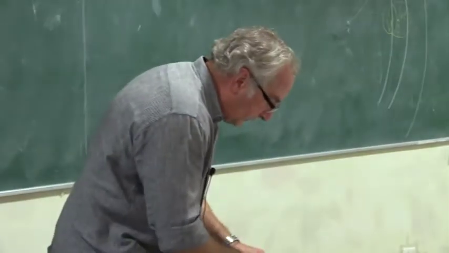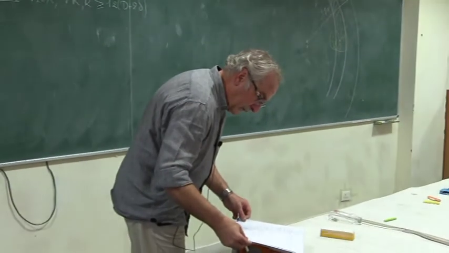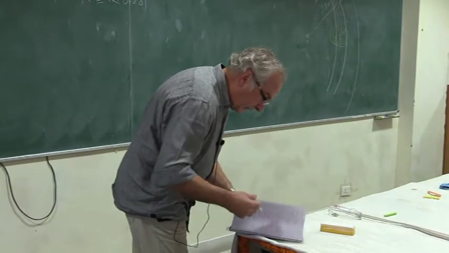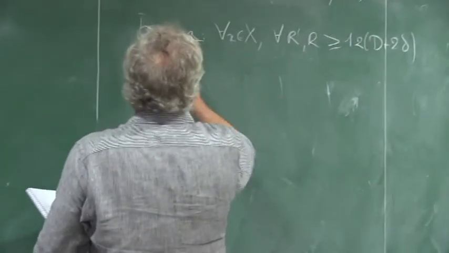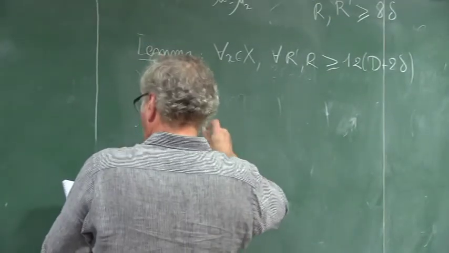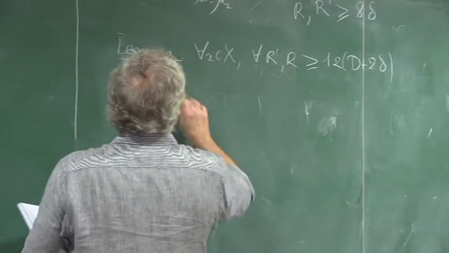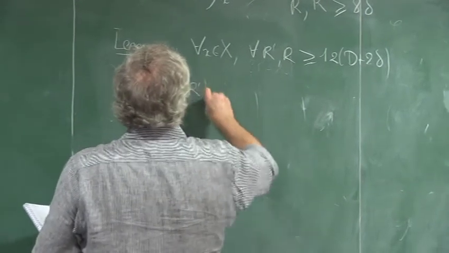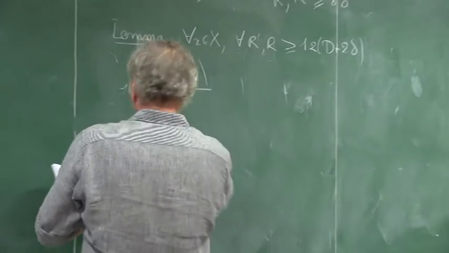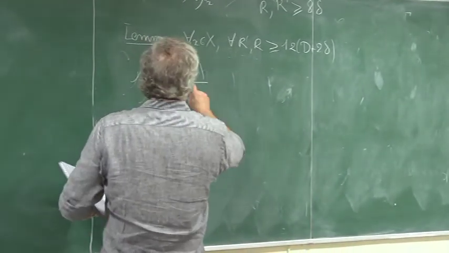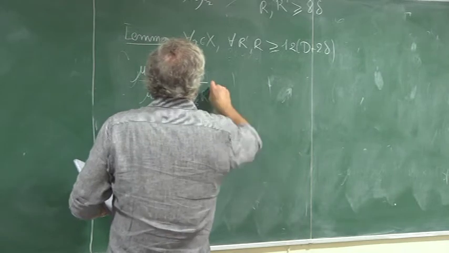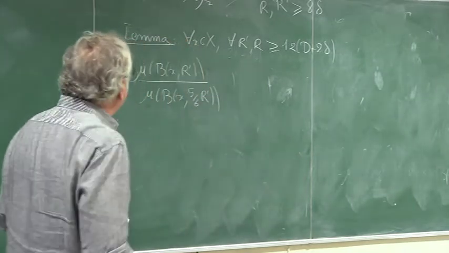It depends on which kind of measure we consider. So I put 12, I guess. Right. Then the measure of the ball centered at X and of radius R prime divided by the measure of the ball centered at X of radius 5/6 R prime, which is the quantity that we want to estimate.